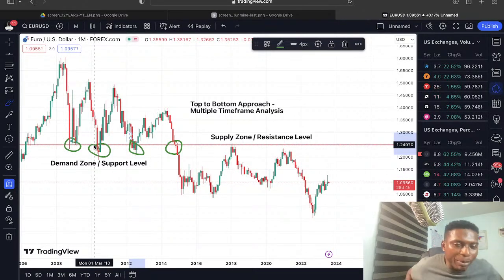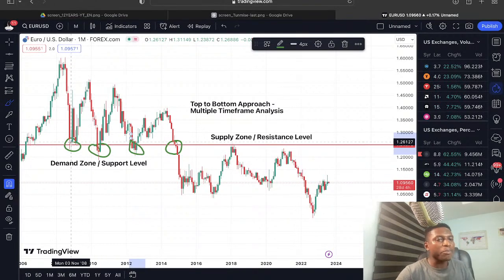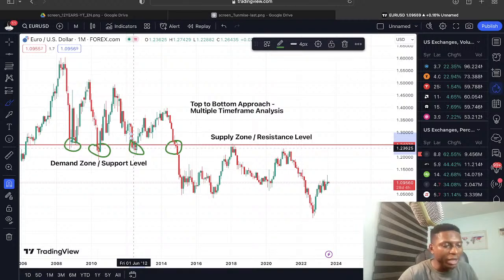I need somebody to type it in the comment section if you understand what I just said. The more price touches a particular level, the weaker the level becomes.